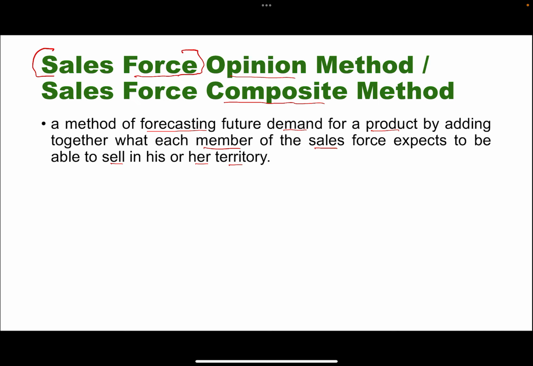That means for a company there will be a sales division, and for each sales division there will be several sales executives. So we are asking the sales executives what the future demand of the product will be in that particular territory, etc. And based upon the opinion of all the sales executives, we can predict the demand.